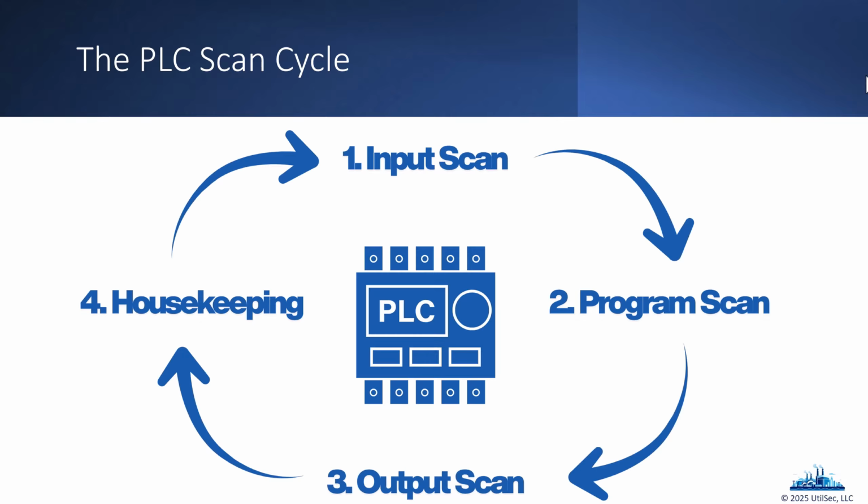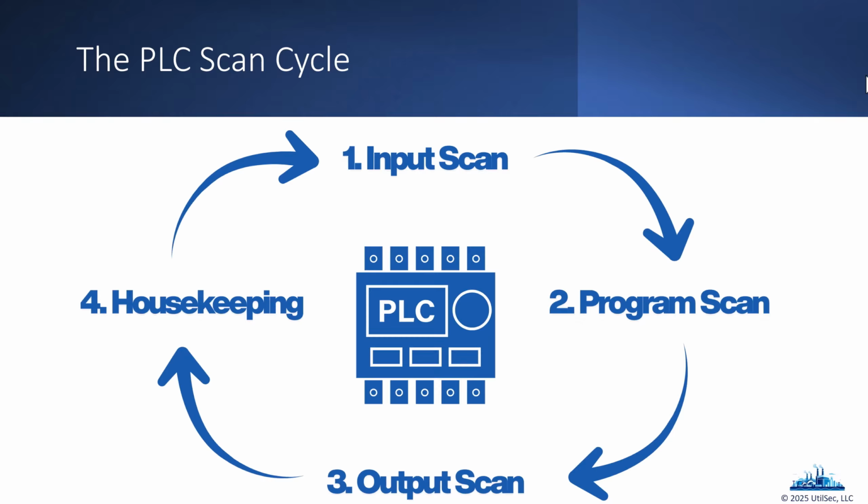In housekeeping, we have a lot of diagnostic type activities that happen, really making sure not only that the controller is working, but that the systems that the controller is communicating with are working appropriately. And we'll come back and talk about more details of that later on. I think that's the PLC, right?